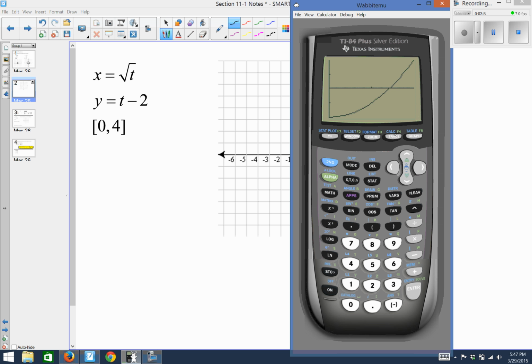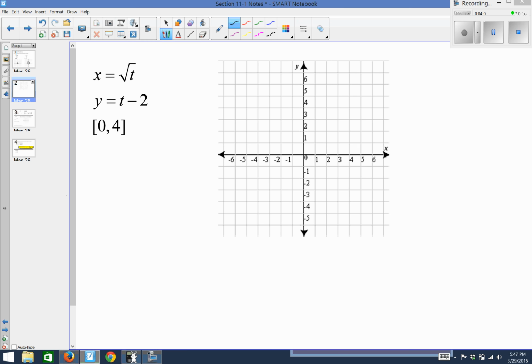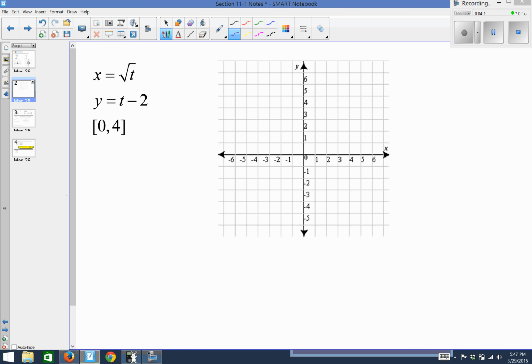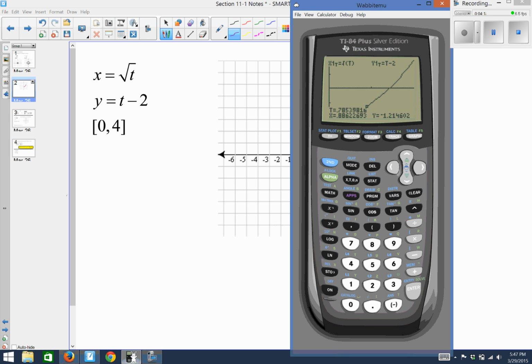And if I need it to slow down, I can just hit trace, and it'll trace it in the order that it's done. So I can see then that this graph, when t would be 0, takes me off this way. And that's a really nice part of our calculator.